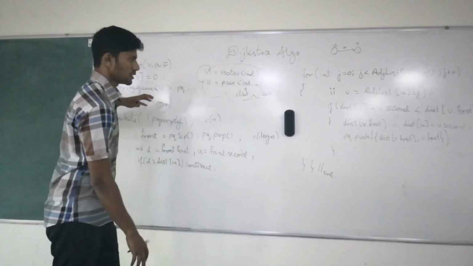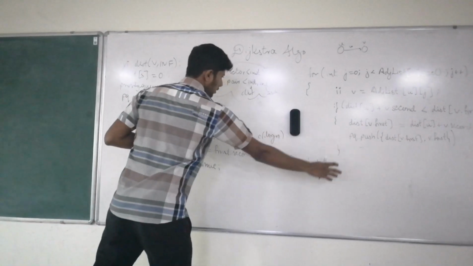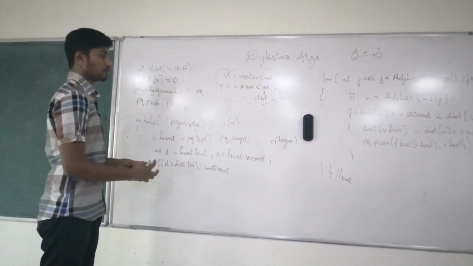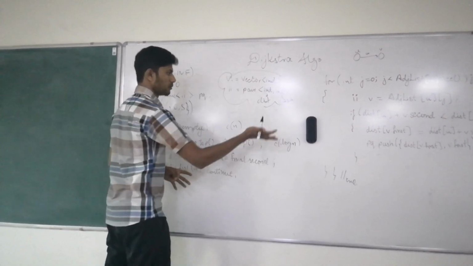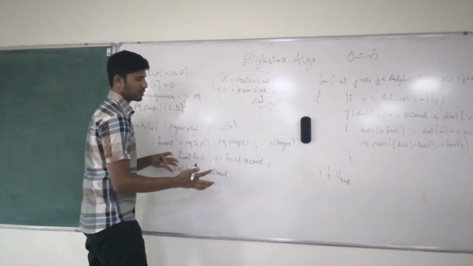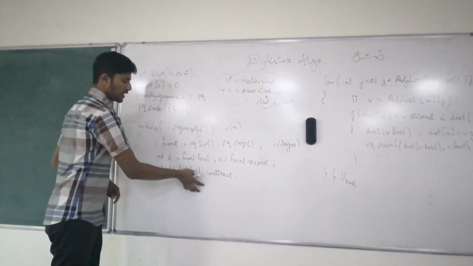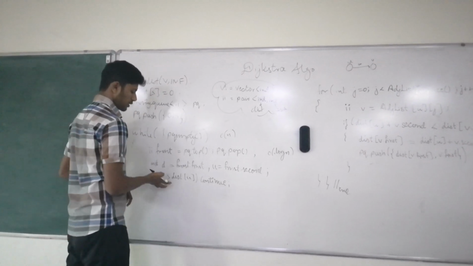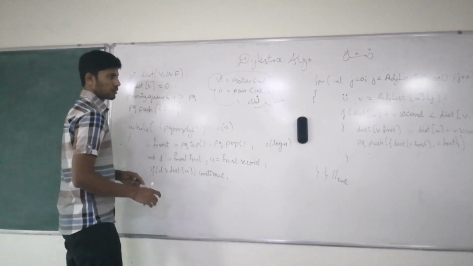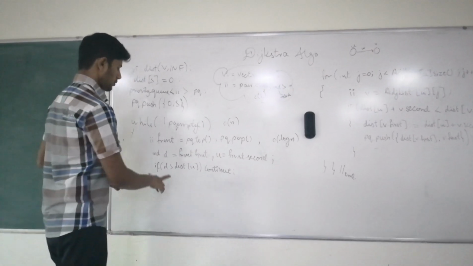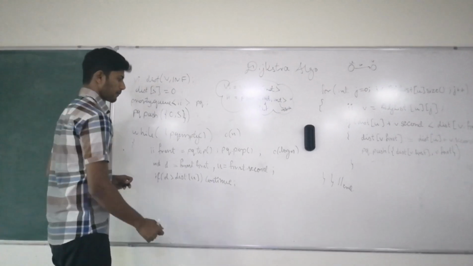Since we are pushing here, there will be many more distances with the same vertices, so we deal with that here itself. This is called lazy deletion. If the distance is greater, we do not take it. If the distance is less, we take it.